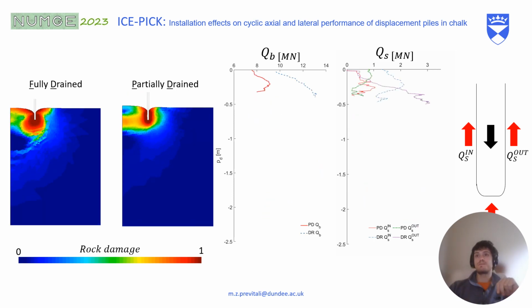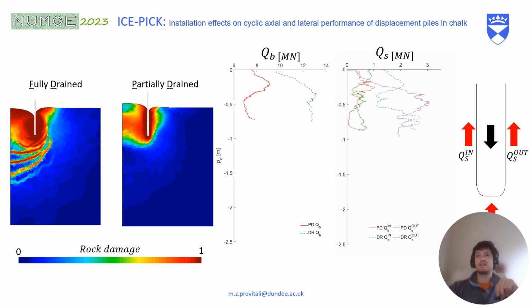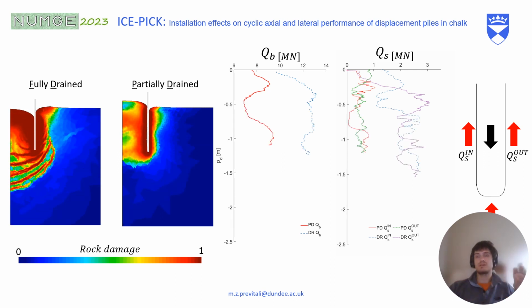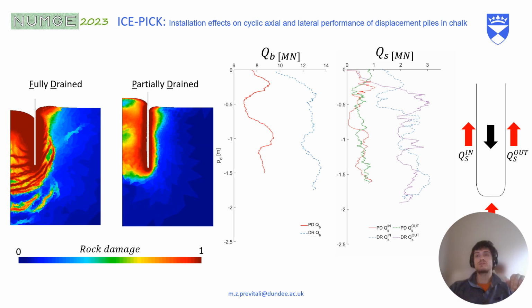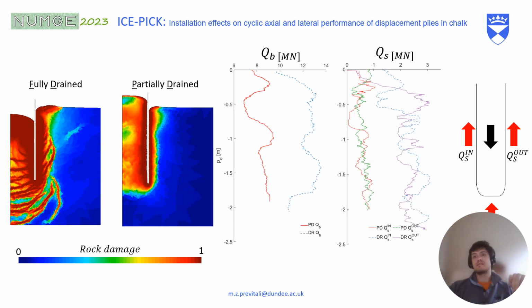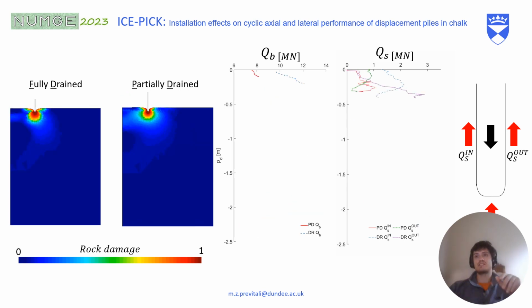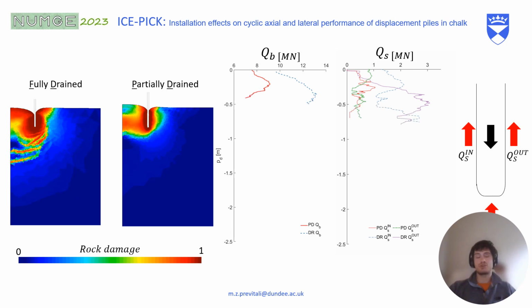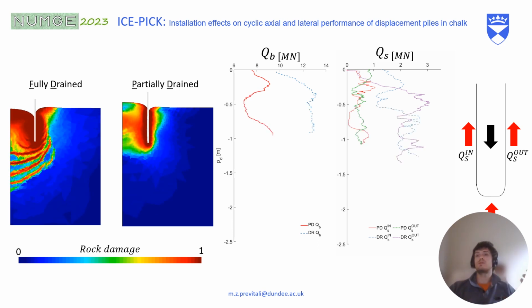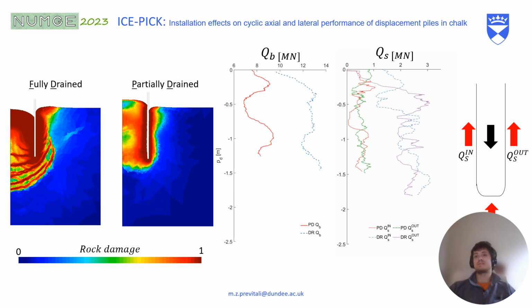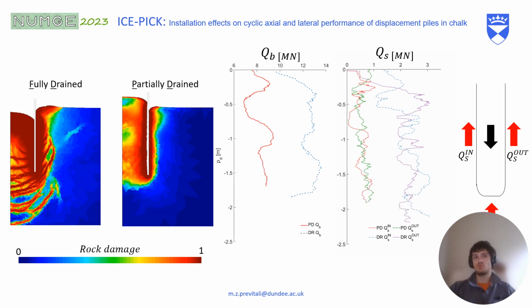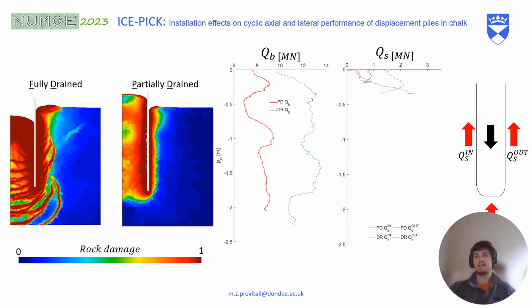And as you can see, these values keep changing. They're not constant values, and since the ratio of internal to external shaft capacity keeps changing, we assume this is due to a stick-slip mechanism.